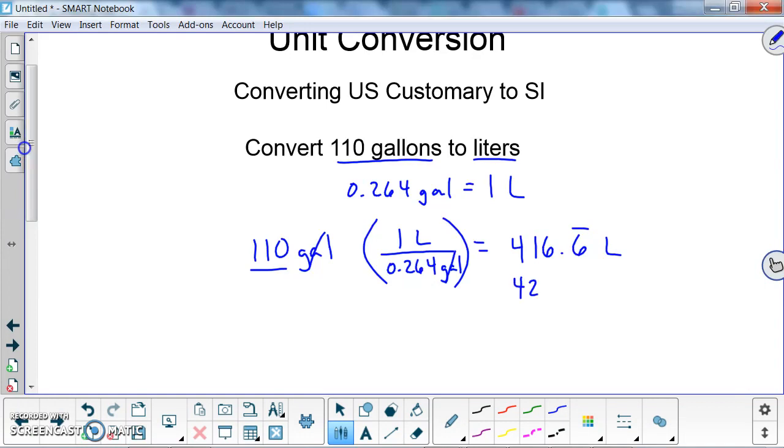And so I'm going to only provide 2 significant digits, the 4 and the 2. The 0 is not significant. And I'm going to round to the nearest 10 liter, as this is the nearest 10 gallons. So 420 liters would be just fine.